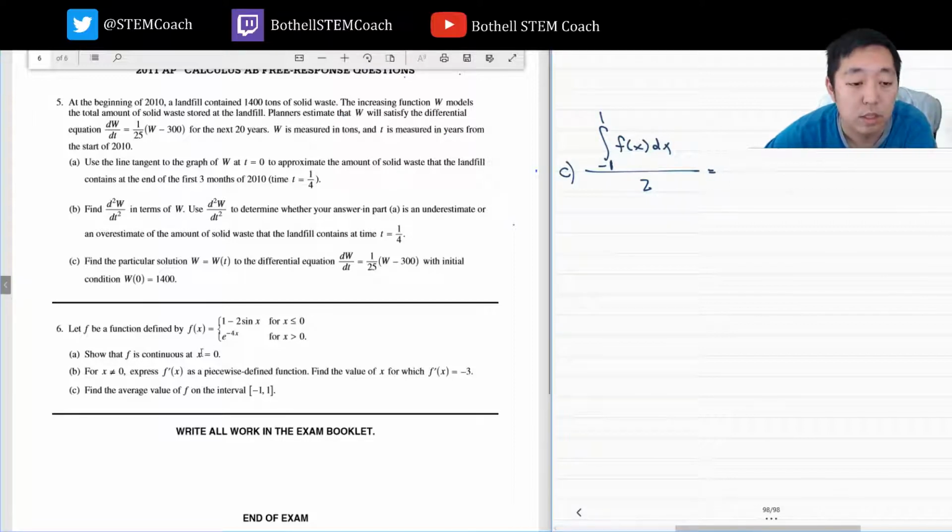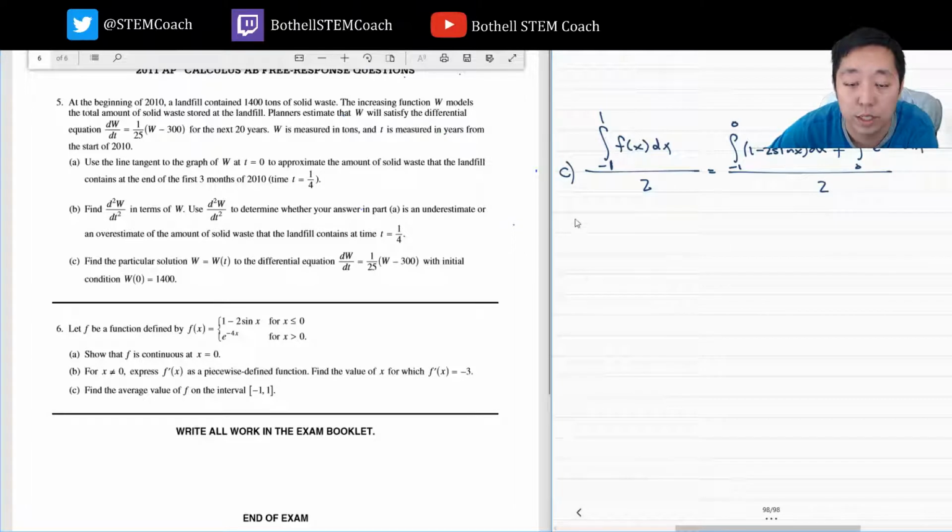I want to split this into two integrals, because the total integral would be the area between these 2 points. From negative 1 to 0, where the boundary is, it's 1 minus 2 sine x dx. And then from 0 to 1 of e to the minus 4x dx. And all of this is divided by 2.